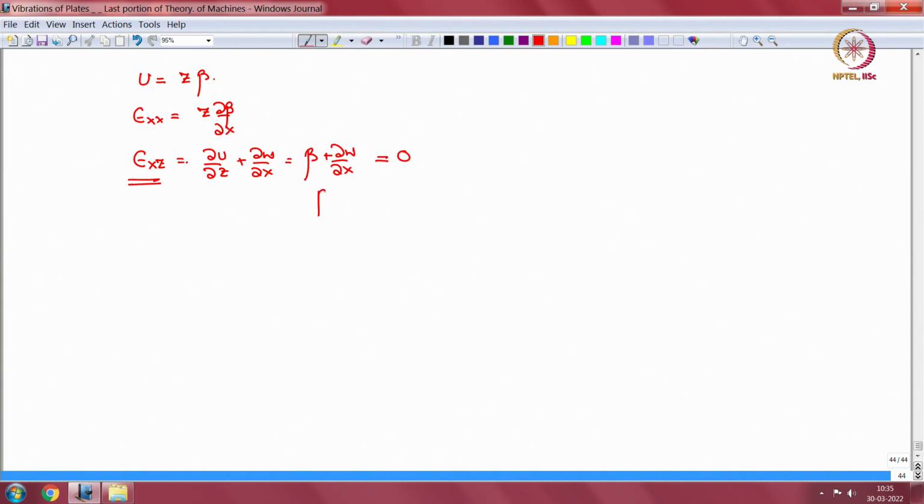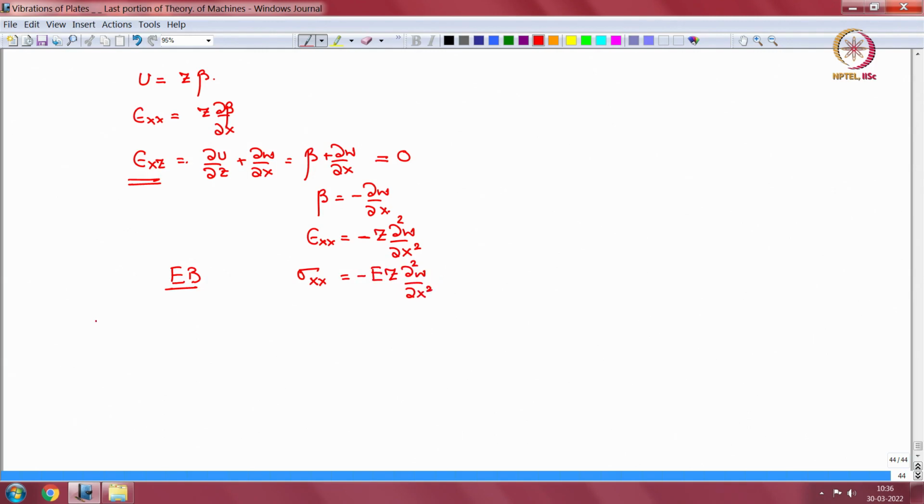That gives me beta is equal to minus del w by del x, which means my epsilon xx is equal to minus z del 2 w by del x square, which means my sigma xx based on Euler-Bernoulli theory is minus E z del 2 w by del x square.